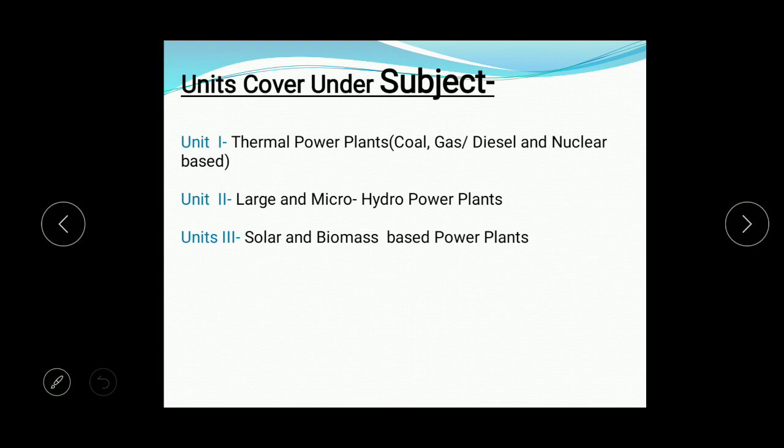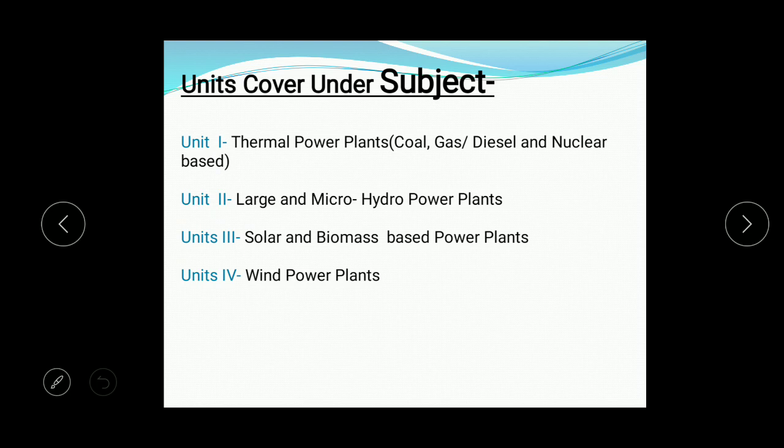After that, for the biomass power plant, we see the layout of biochemical based, thermochemical based, and agrochemical based power plants. And then we see the solid, liquid and gaseous forms of biomass, their properties and features, in the solar and biomass based power plant unit.